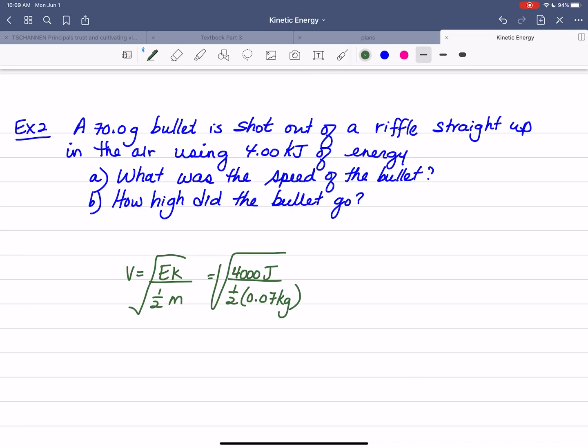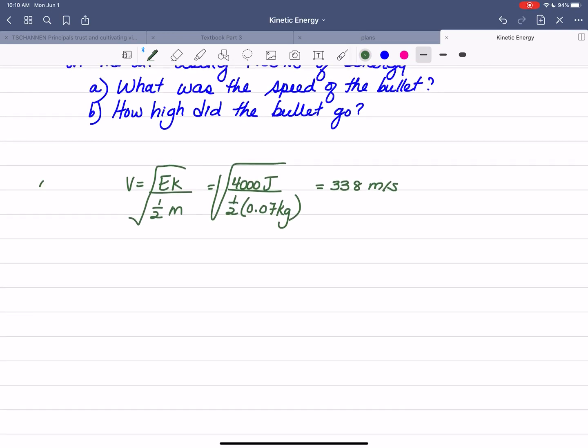So 0.07 kilograms is the mass of the bullet. And so the speed of the bullet is 338 meters per second. So this is the answer for A.